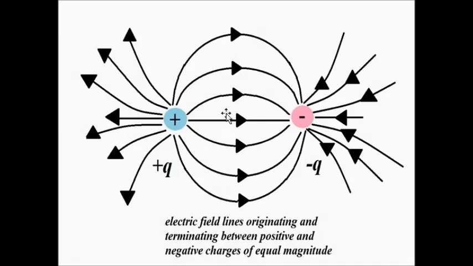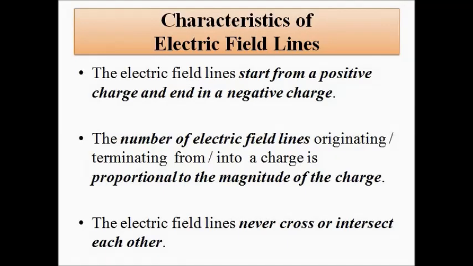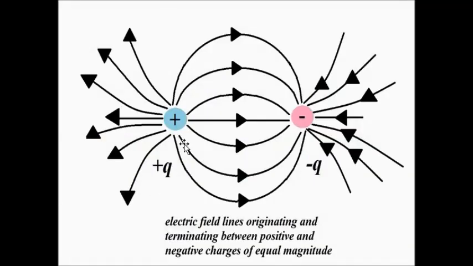See, 1 to 14, and here also 1 to 14. Yes, sorry, it is not 13 lines, it is 14 lines. I forgot to count this middle line. So 14 lines are starting from plus q and 14 lines are ending. So the second property is also satisfied. And no two lines are intersecting, so the three properties are satisfied here.